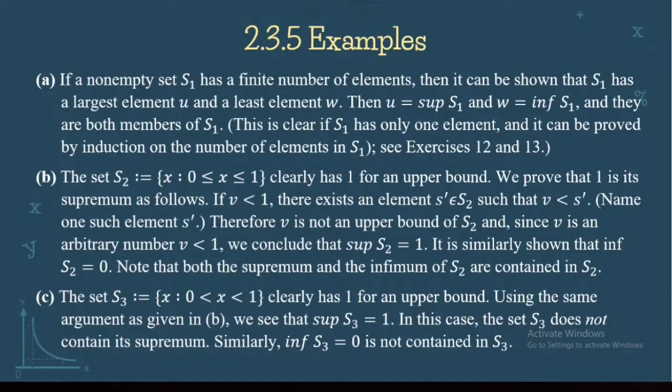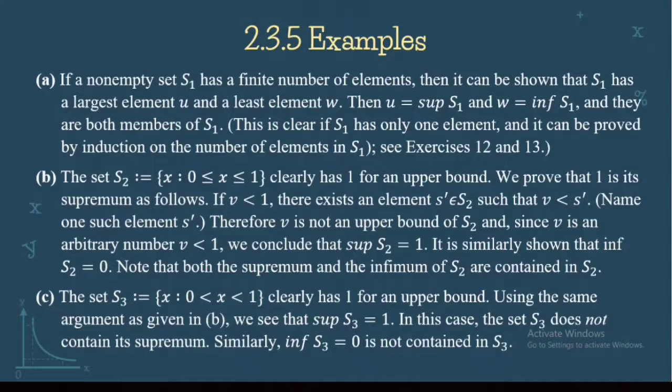Therefore, v is not an upper bound of S2, and since v is an arbitrary number less than 1, we conclude that the supremum of S2 equals 1. Similarly, it is shown that the infimum of S2 equals 0. Note that both the supremum and the infimum of S2 are contained in S2.